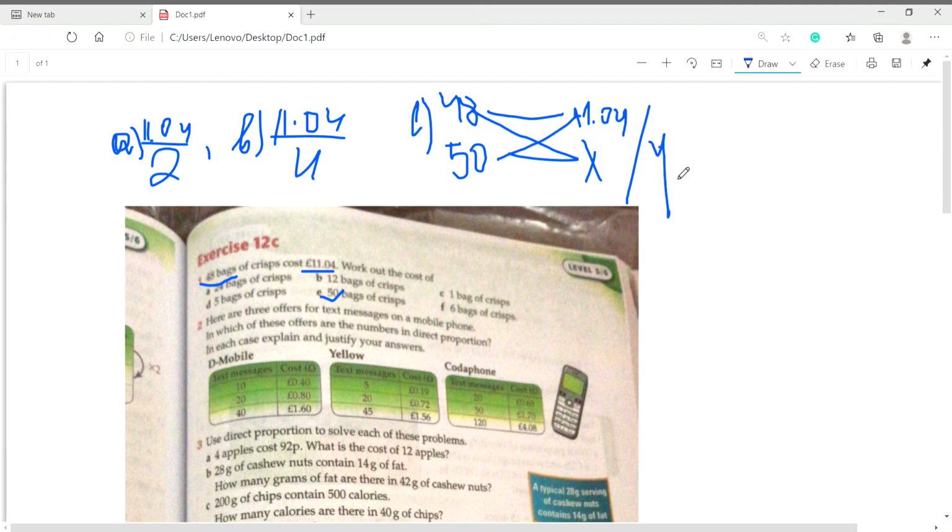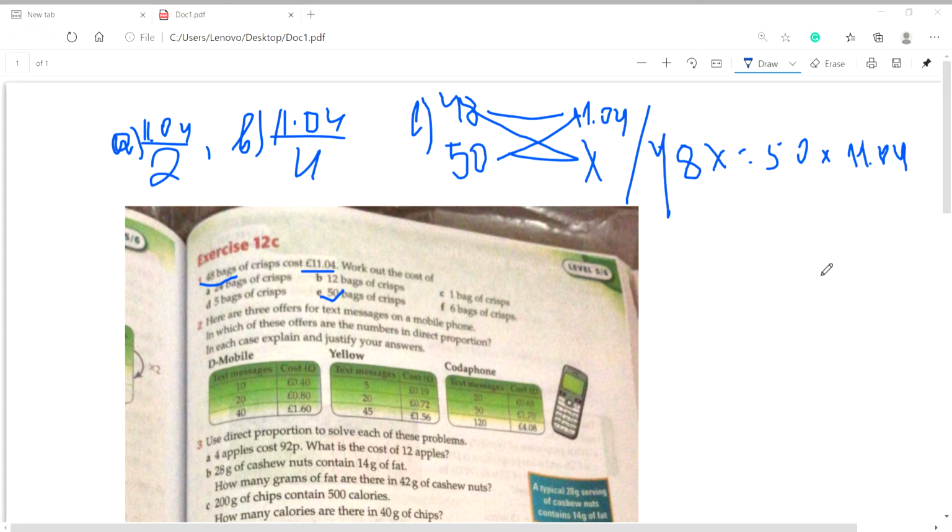So 48 times X will be 50 times 11.04. So this is your equation. You know how to solve this equation, or I will solve it here.